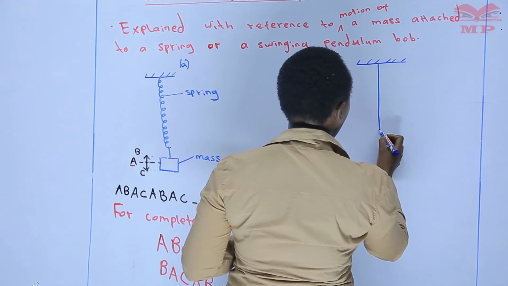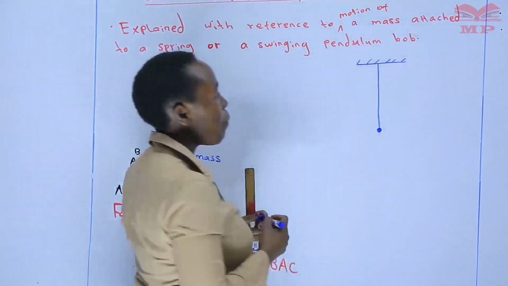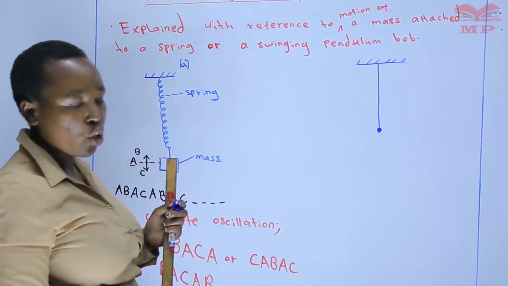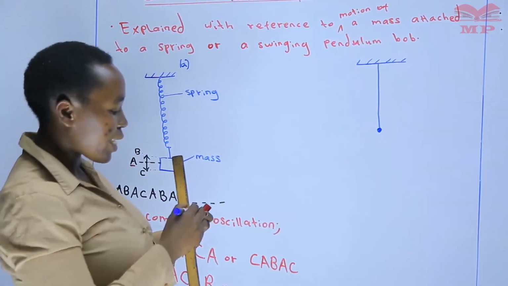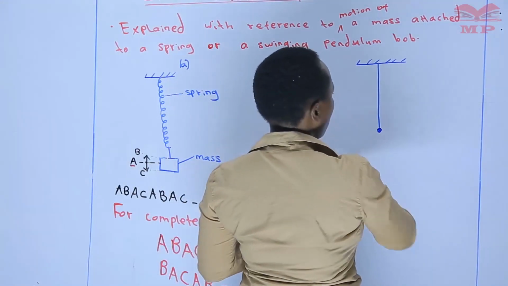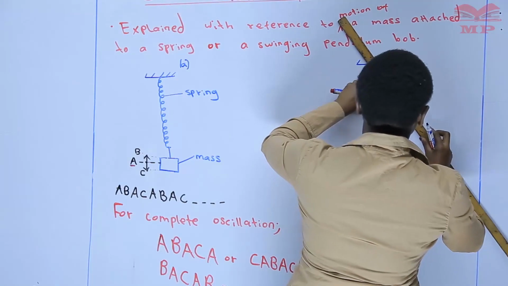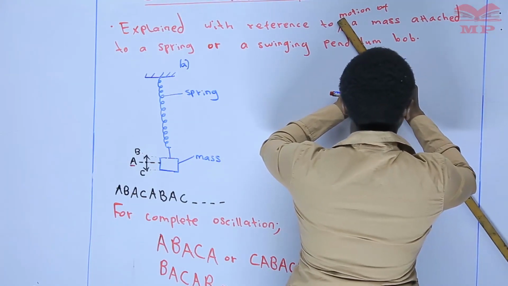So this is our bob, the pendulum bob. That is the initial position. If we give it a slight displacement horizontally, it is going to swing this way, in this direction.